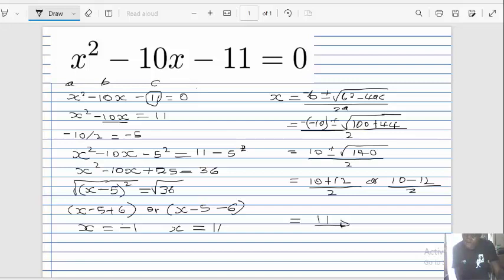So another solution of ours, x equals negative 1 times negative 1, which is 1. So this is x equals 1 and x equals 11. That is a very beautiful illustration of how you use what? Completing the square, as well as what? Using the quadratic formula.